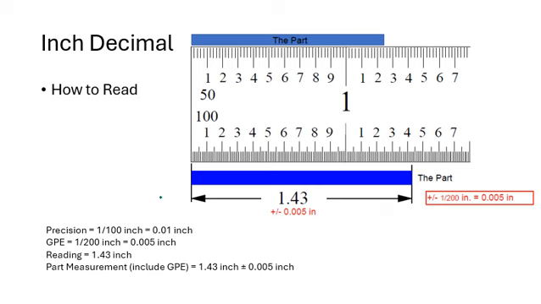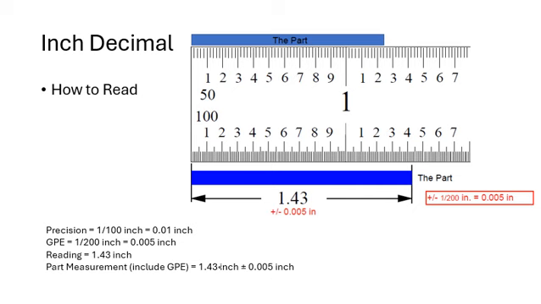Your precision is 1 by 100, that's 0.01 in decimal, and we calculate the error, divide that by 2, and you would get 0.005. Your reading is 1.43, and we put our error at the end with plus or minus.